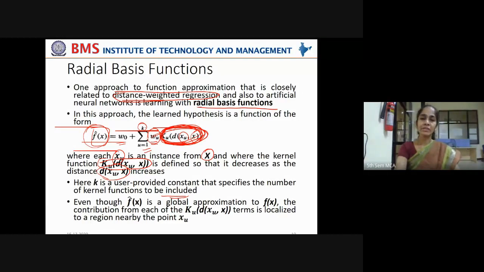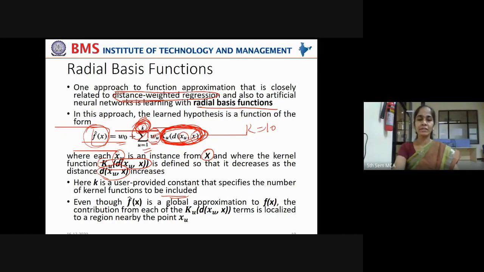Say if you want to take 3 kernel functions, then this K will be taken as 3. If you want to consider 10 kernel functions, then that K value will be taken as 10. Okay, it can be provided by the user.